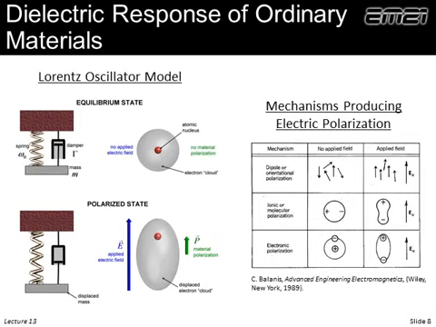As soon as we apply an electric field, that electron cloud stretches and displaces, and we would call this atom polarized. And of course, if we apply an electric field to a material, millions of atoms become polarized, and we say that the material is polarized and it's storing electric energy.